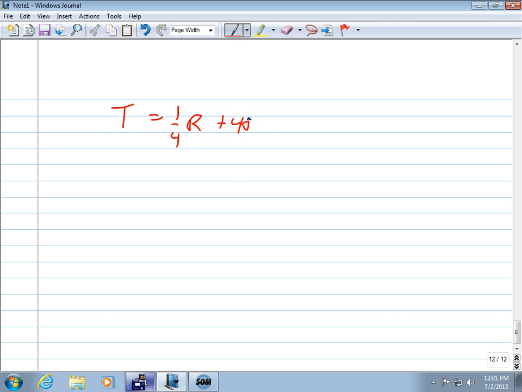So let's say we want to use that to figure out what the chirp rate is when T is 76. How do you find the chirp rate when the temperature is 76 degrees Fahrenheit? Plug in 76 where? Into T. If 76 is the temperature in degrees Fahrenheit, how do you find R?